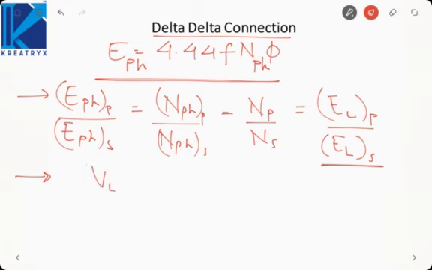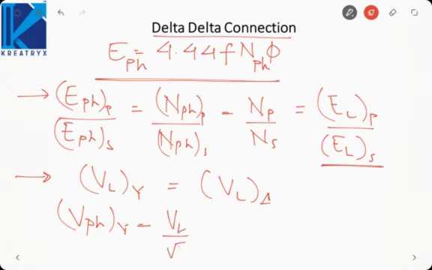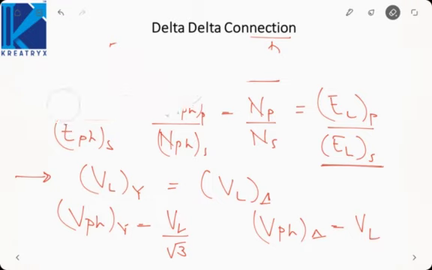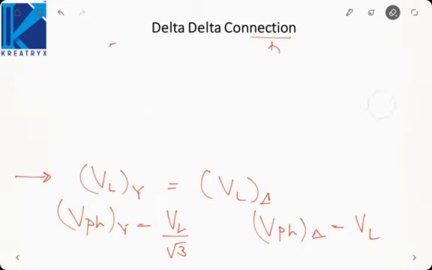Suppose I say VL star is equal to line voltage in delta. So phase voltage in star would be line voltage by root 3, but phase voltage in delta will be equal to line voltage. Okay. That means phase voltage in delta is more as compared to phase voltage in star.